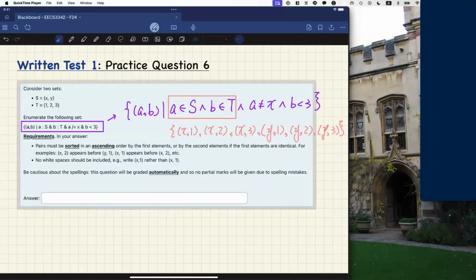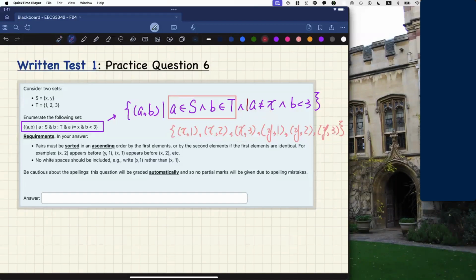But because we have a conjunction, in order for each ordered pair to be kept in the resulting set, this constraint must be true as well. A cannot be X. So that means this and this and this, because the first member is X, and X not equal to X is false. In that way, we should get rid of them.